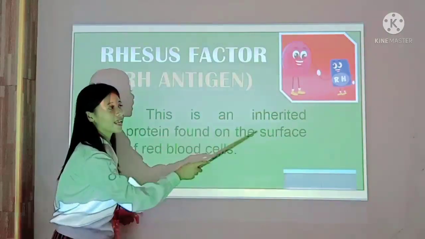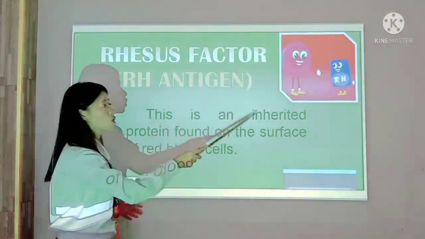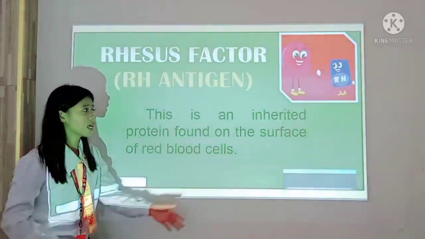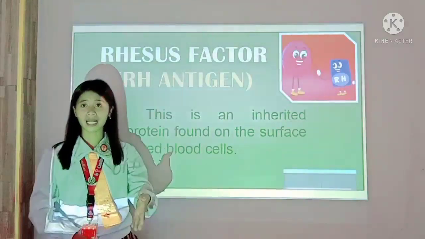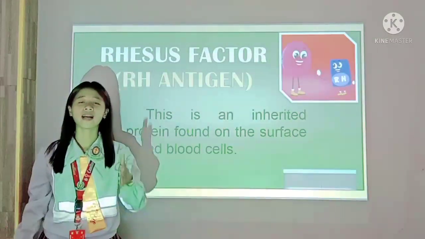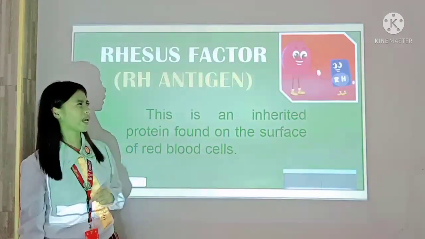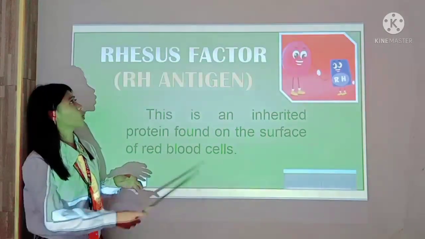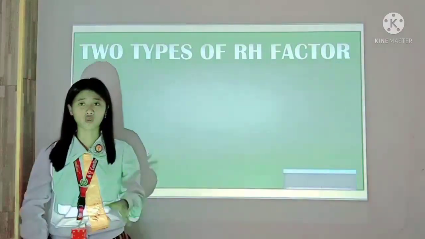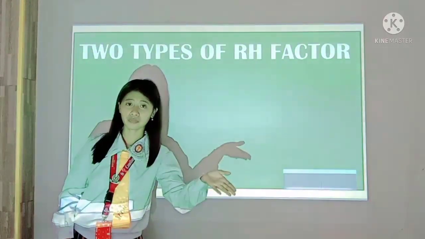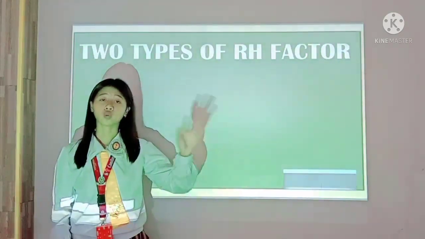Alright, so this rhesus factor, or Rh antigen, is an inherited protein. When we say inherited, namamana natin. Ito yung namamana natin na protein found on the surface of our red blood cells together with our antigen. Here, this Rh antigen, of course, we have also two types, like the other one, which is our antigen. Of course, meron din tayo two types doon.